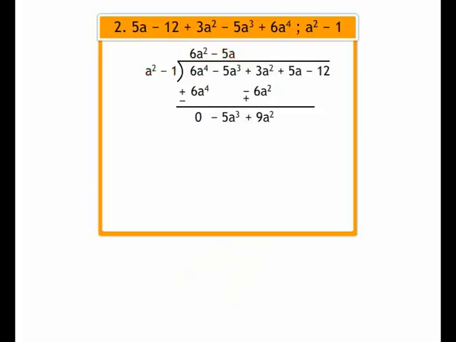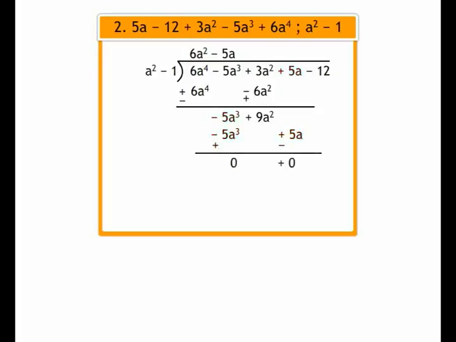As minus 5a multiplied by a square minus 1 is equal to minus 5a cube plus 5a, we will now write this product exactly below that part of the dividend whose polynomial bears the same index. Thus we will write minus 5a cube below minus 5a cube and plus 5a below plus 5a. Now, after changing the signs of both the terms of the product, we get 0.